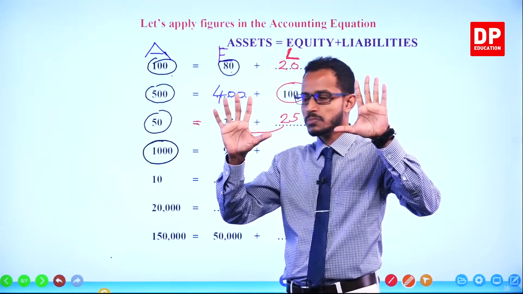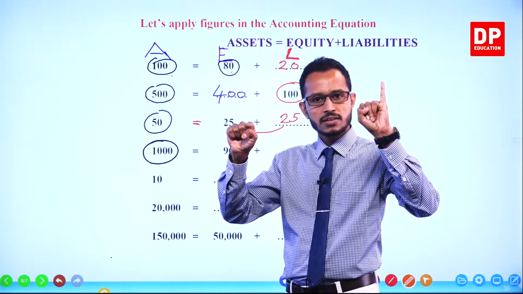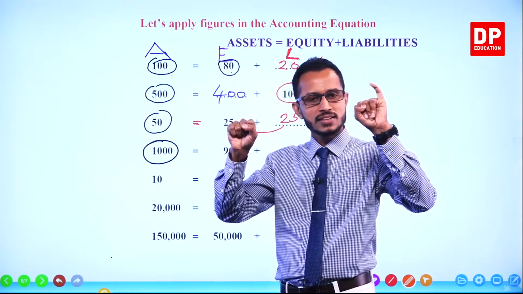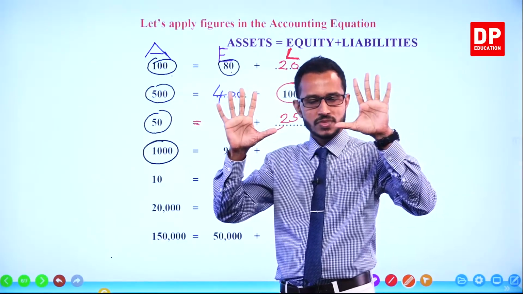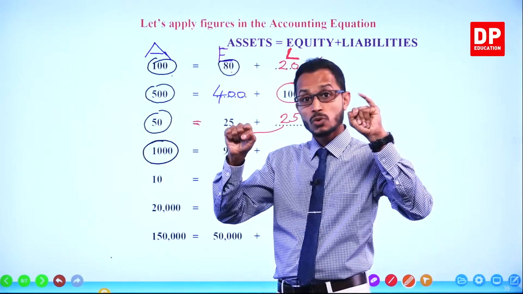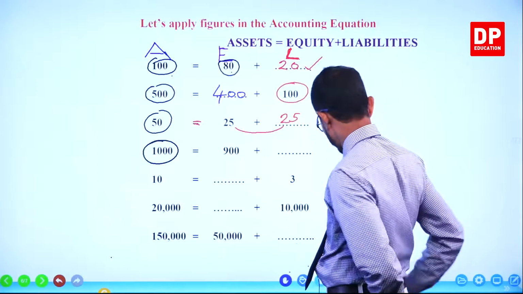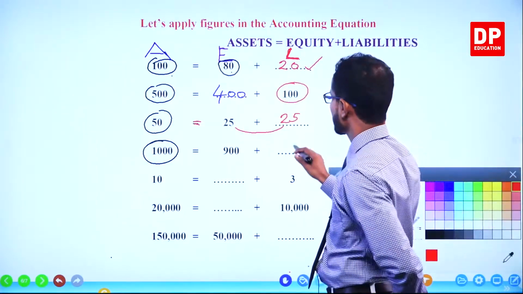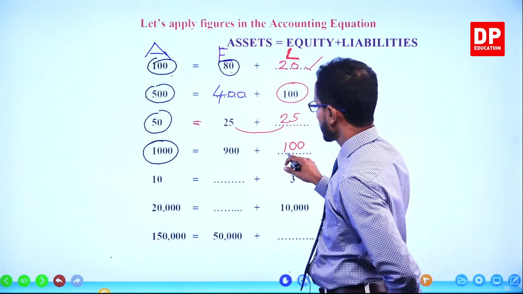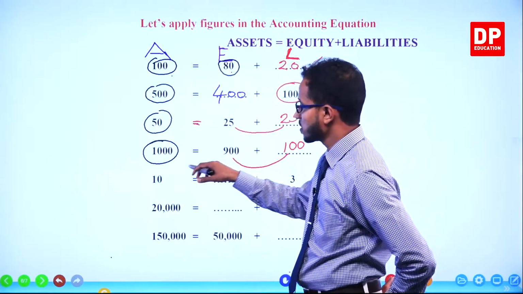If this is 1,000, this is 10, right? Out of that 10, 9 is invested by the owner. So only 1 must have been borrowed. It makes liabilities 100. So 900 plus 100 equals 1,000.